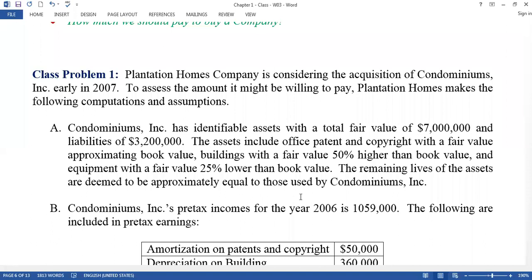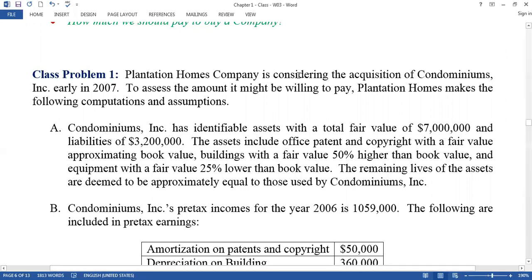Okay, so they are considering buying this company in the year 2007. I assume that this is the coming year. So they are going to buy this company in 2007, to assess the amount it might be willing to pay.